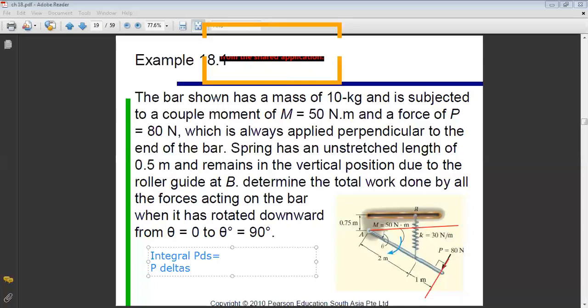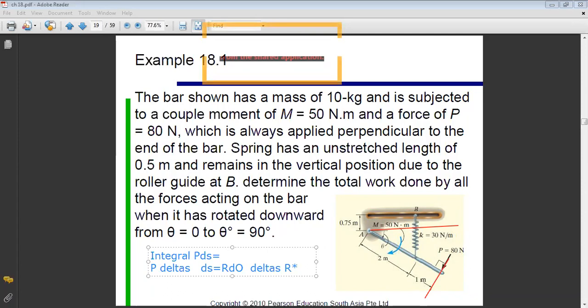You know that ds is R d theta, yes? It can be written equal to R d theta because it's a circular motion. So delta S is equal to R times delta theta.